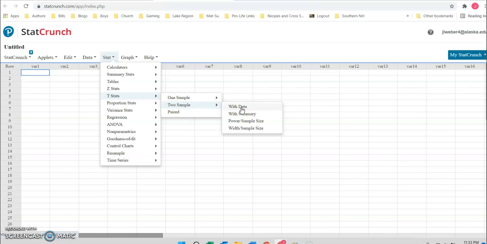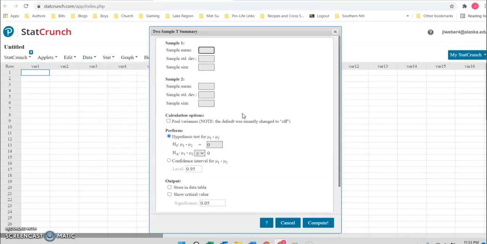So if they gave you data, you'd put the data in. But I have summary, so I'm going to use this. So sample 1, my mean was 0.83, my standard deviation was 1.77, and I had 123 people. Second one, I had 1.39, not 139. Okay, and then 3.06 and 290. So this is just copied straight from the problem.